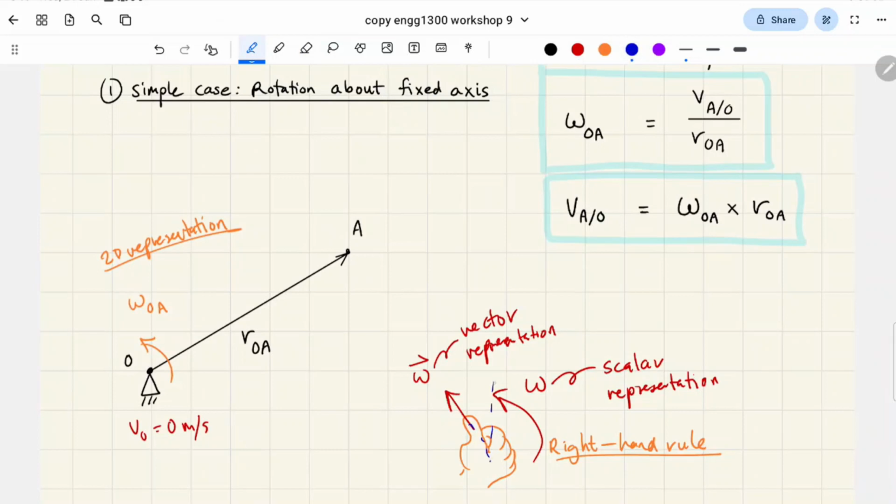So to be a bit more clear, if that's our xy plane, that would be our z-axis. So if it's a counterclockwise spin, it's pointing at the viewer, right?